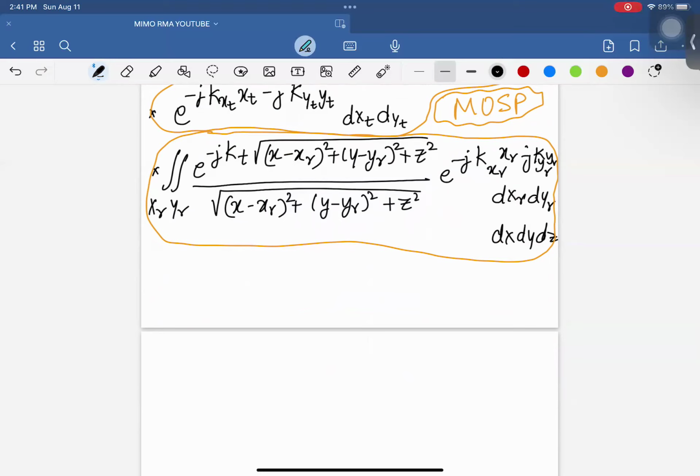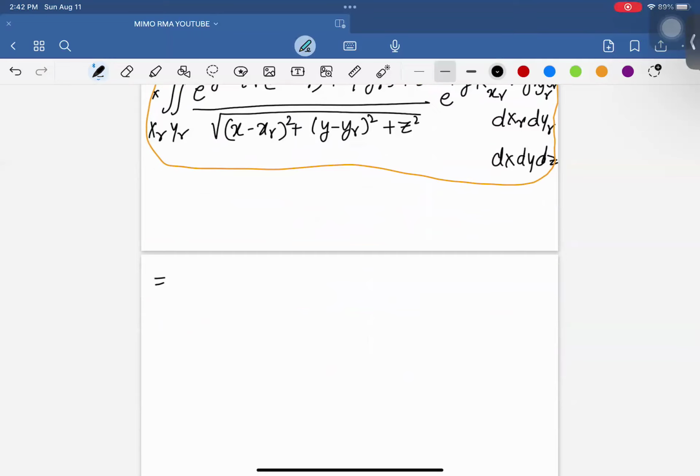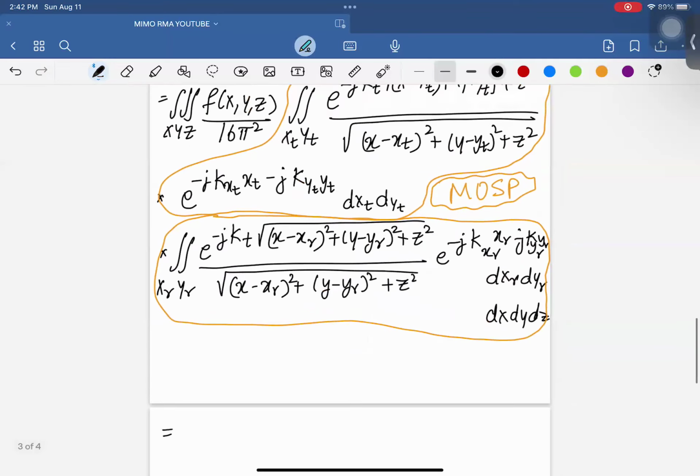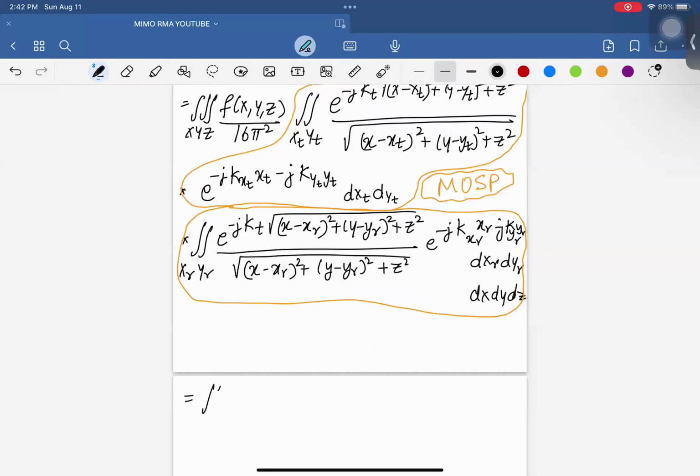So the solution is the following. So this becomes triple integral x, y, z, f of x comma y comma z divided by 16 pi square. So the first integral becomes 2 pi j over kzt, e to the minus j z kzt times e to the minus j kxtx minus j kyty.